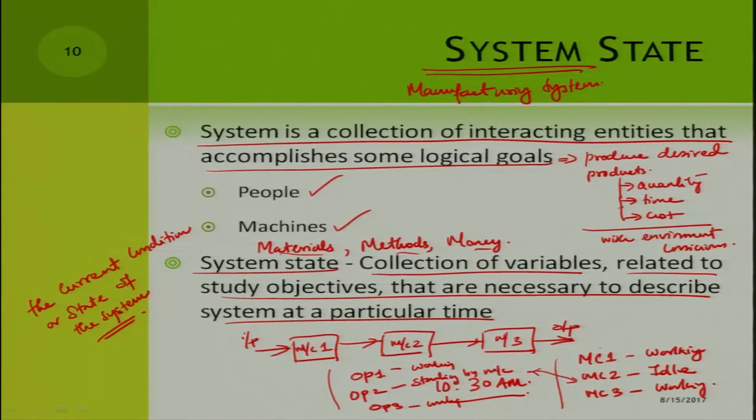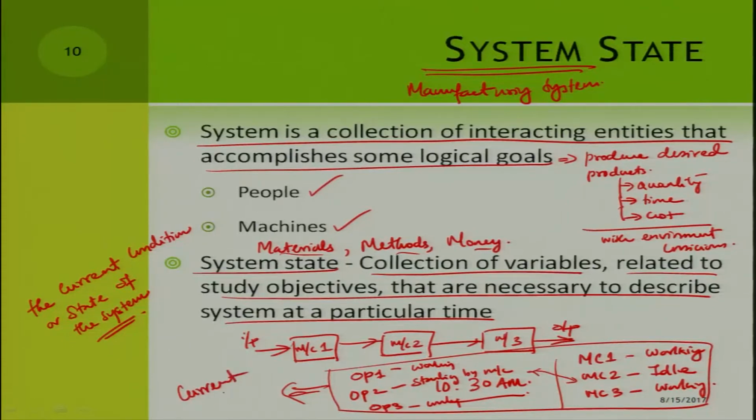All of these variables put together describe the current condition, and this current condition is called the system state.